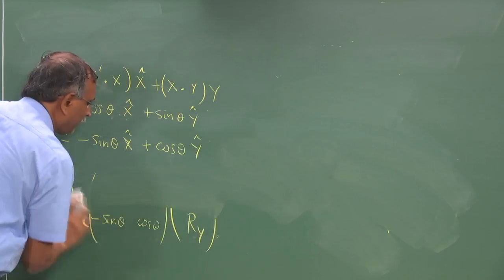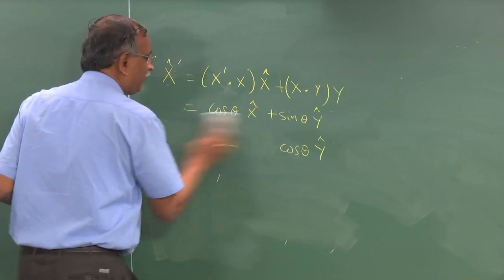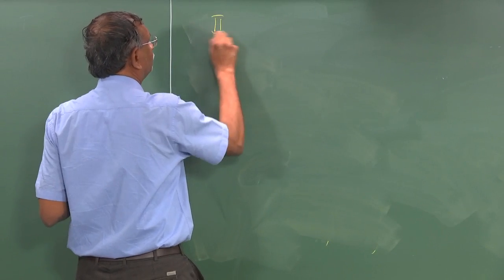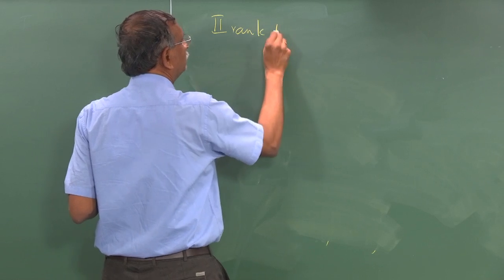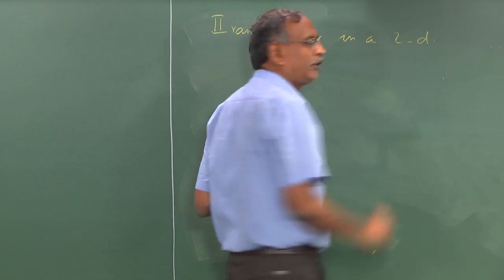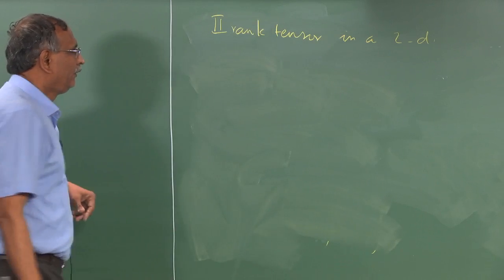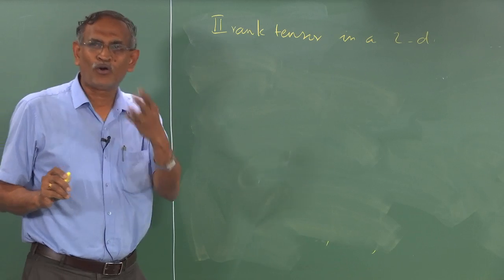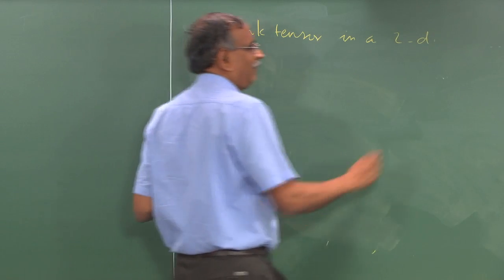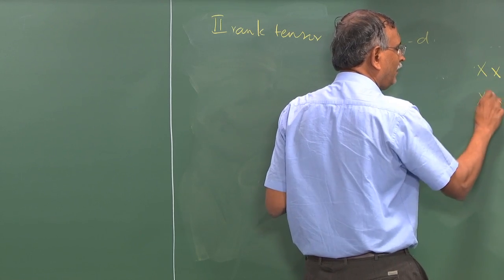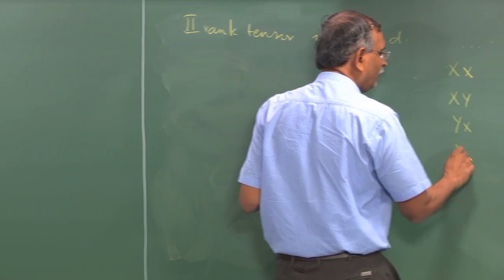Therefore, let us get to the point: even with this 2-dimensional representation, what is meant by a second-rank tensor in a 2-dimensional system, in a 2-coordinate system x and y? The second-rank tensor is essentially 4 components, and in the case of coordinates, the components are written as xx, xy, yx, yy.